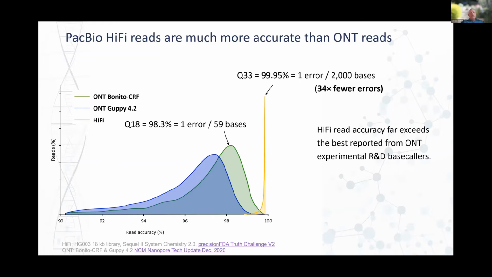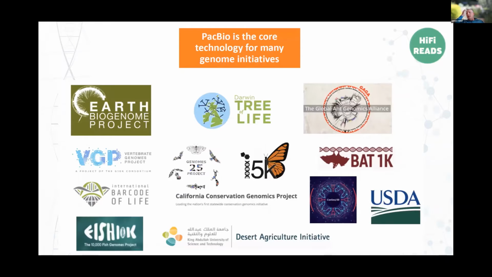So HiFi reads are super accurate, and they are game changing. Paul mentioned some of the projects where PacBio is the core technology for making reference genomes, including the Earth Biogenome Project, Vertebrate Genome Project, Darwin Tree of Life, and others.